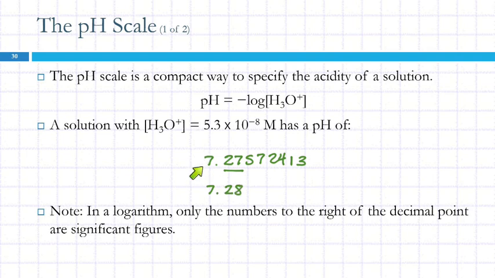Because this part, the 7, is related to the 10 to the minus 8. So the way I did that trick, 5.3 times 10 to the whatever. If it's negative, whatever that number is, minus 1, 0.28. You can do all of them. Did that help? A little bit? Any other questions?